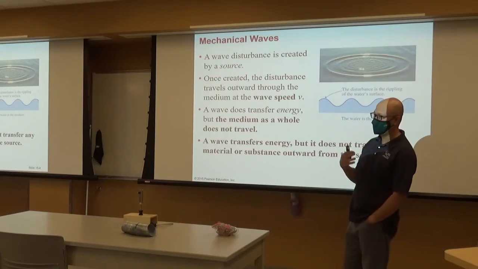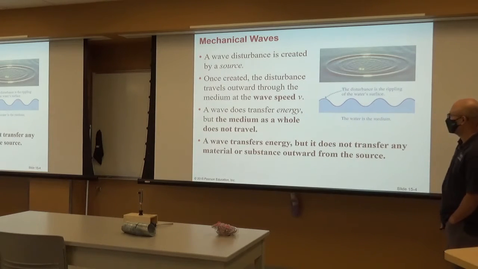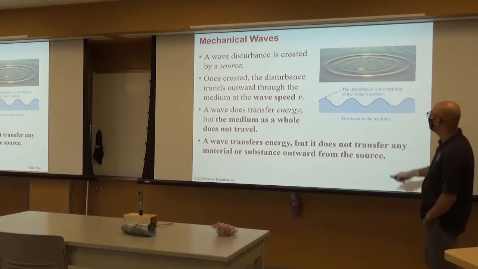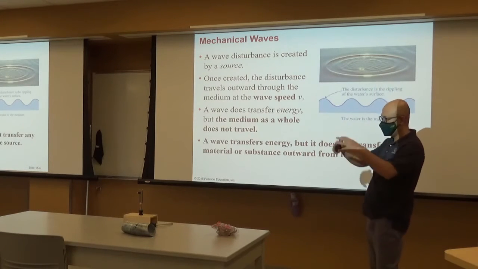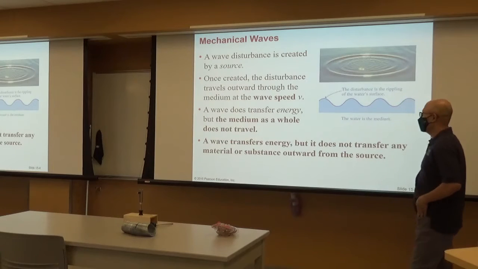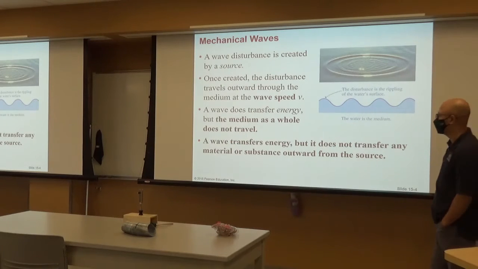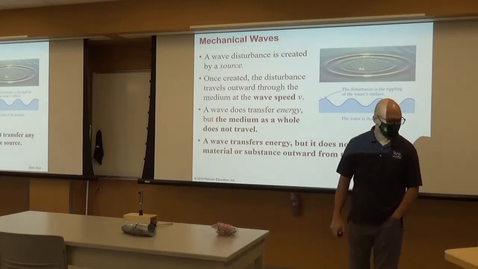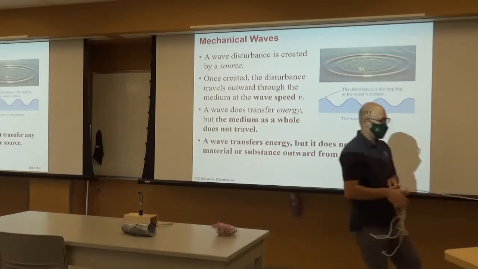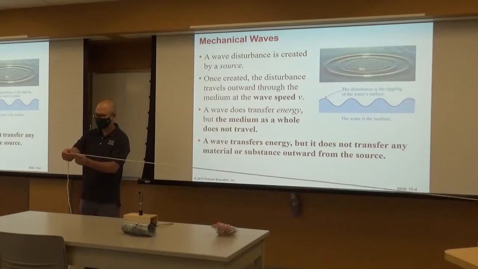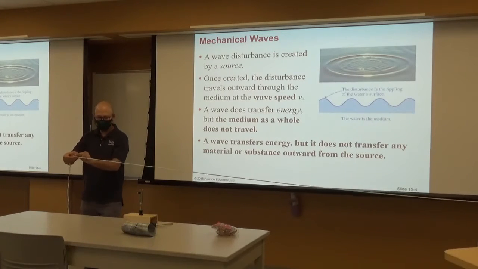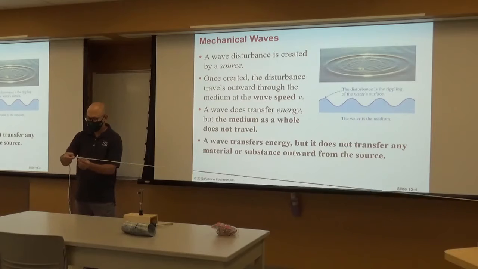Okay, so once you produce the disturbance, it travels outward at some defined speed. So for example, if I produce a disturbance at this point, that disturbance will travel at some well-defined speed.